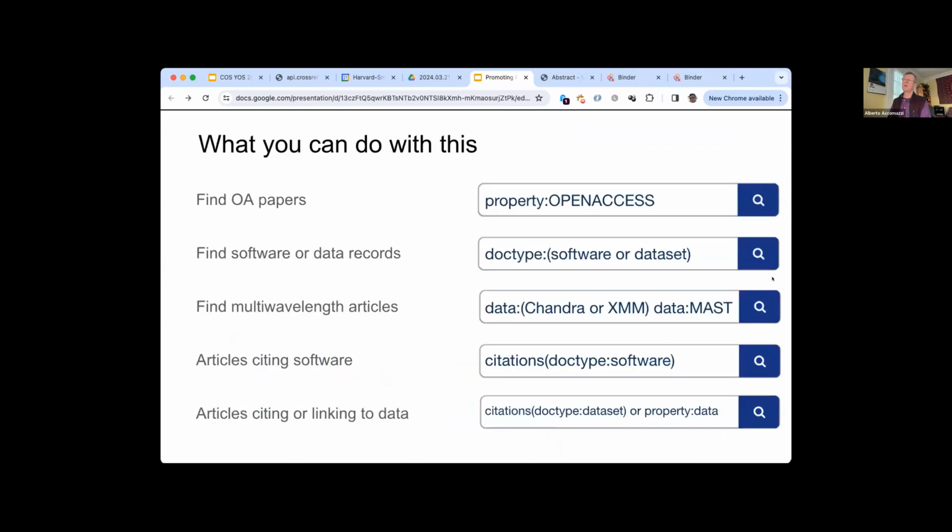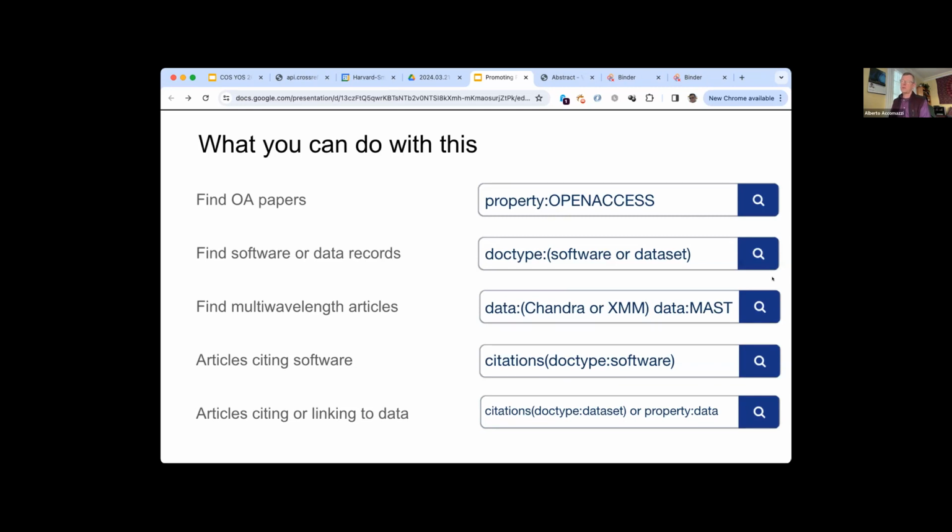This allows us to do interesting things. Because we index part of this information, one can use our search engine to find interesting things related to data and literature linkages. As an example, I put some examples here. The second example finds all records that are either software or a data set in our system.